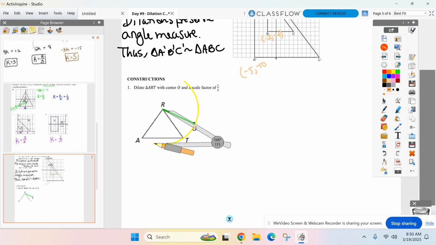And we keep our compass opening the same. And we travel to the other endpoint of the segment. Please do not try to get ahead of me here because I'm going to save you a little frustration. And make sure it intersects in not 1, but 2 spots.